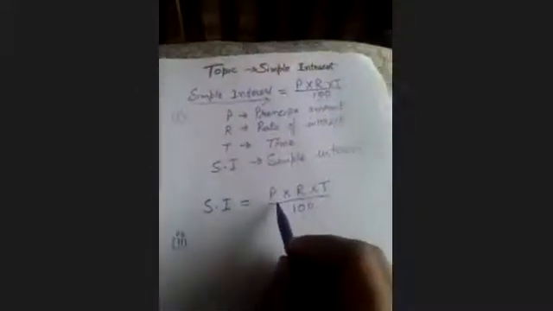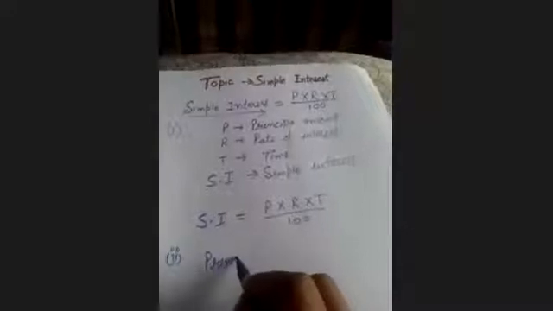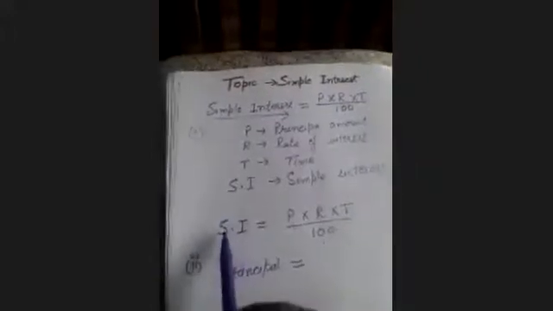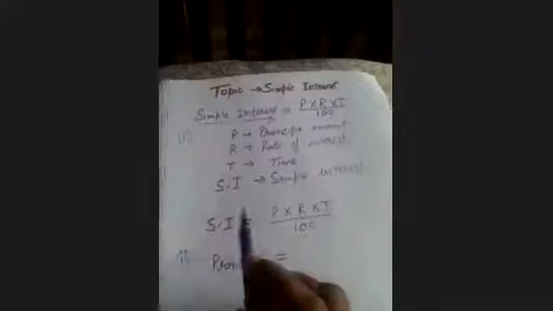Now students, in the second step we want to know the principal amount. Now you have to find the principal amount. Here you can see we have two sides, the left hand side of the equal sign and the right hand side. Now shift 100 to the left hand side.